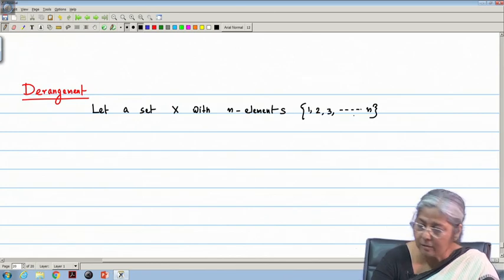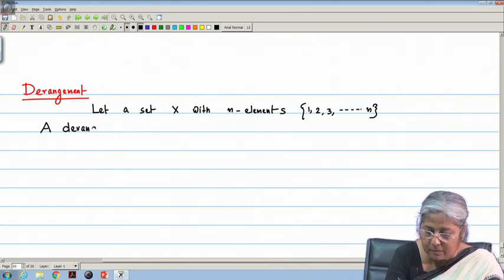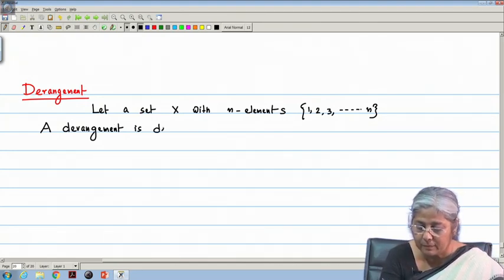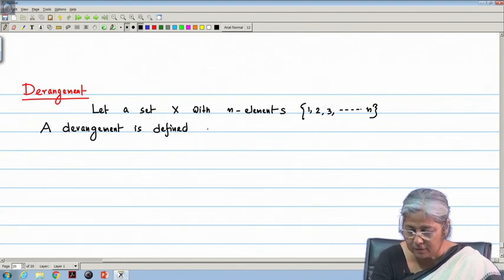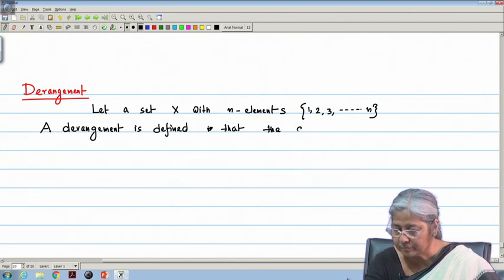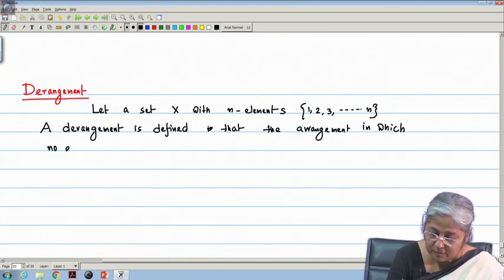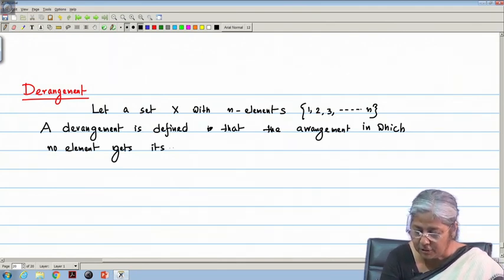Now we define a derangement as an arrangement in which no element gets its original place.